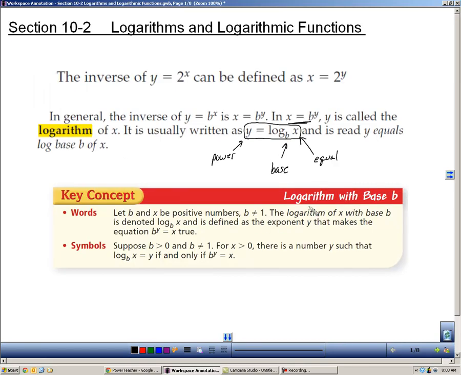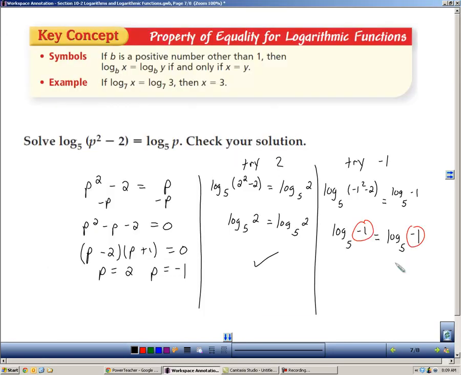And I'll point you back to the definition of logarithms at the very beginning of the section. It says let b and x be positive numbers. You can only have positive bases, and you can have only positive numbers after the word log. Those are the only values that can be calculated using logarithms. So when we go back to our example, we see that -1 can't be negative, so p equals -1 is an extraneous solution. So our only solution in this particular problem is p equals 2.